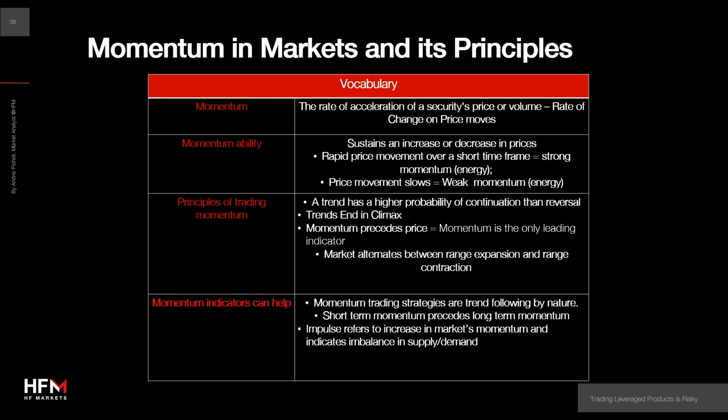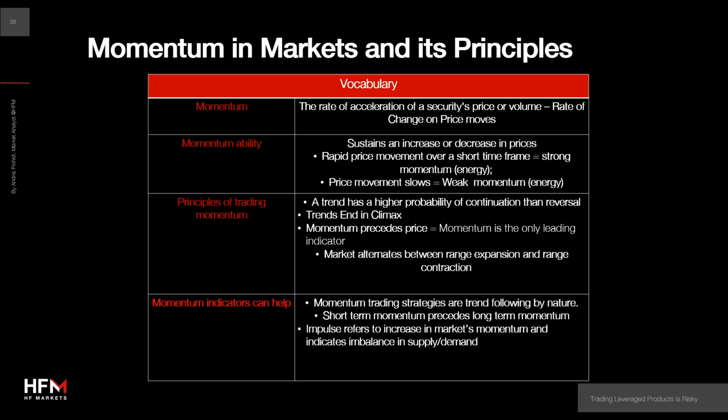Let's stick to the definition: momentum is the rate of acceleration of an asset's price or volume. What that means is that momentum is the speed at which the price is changing.